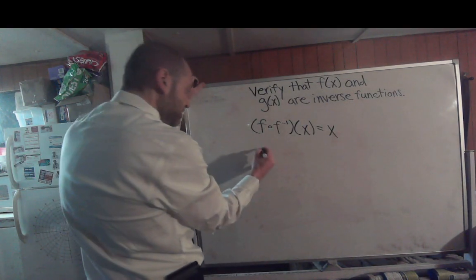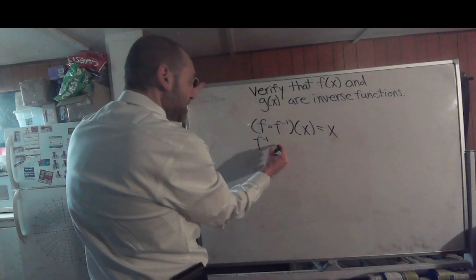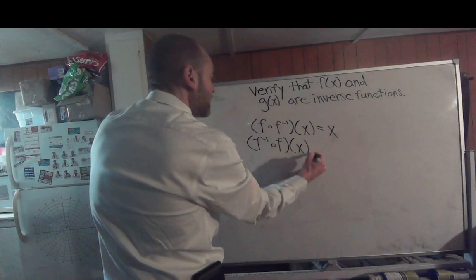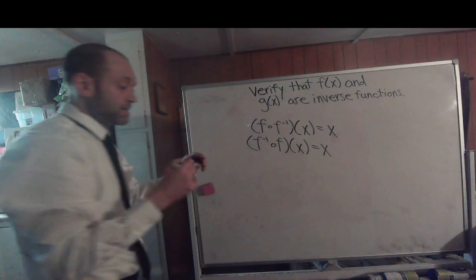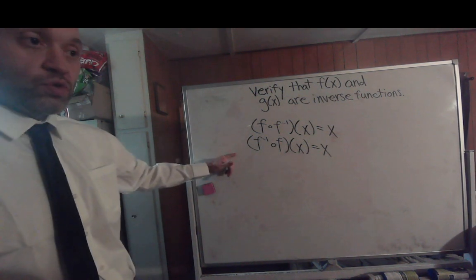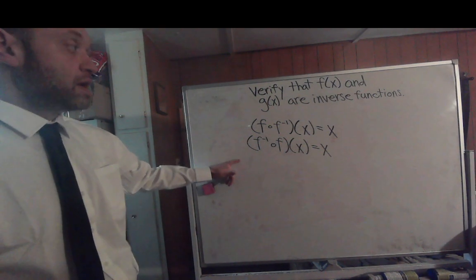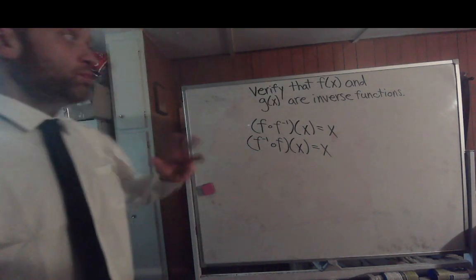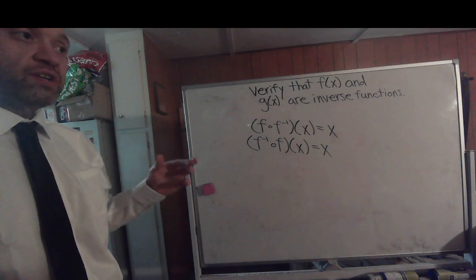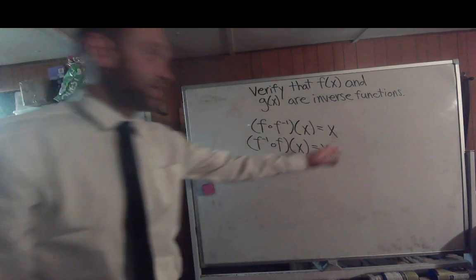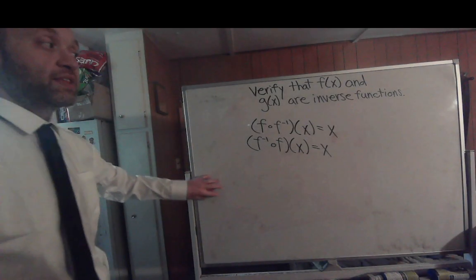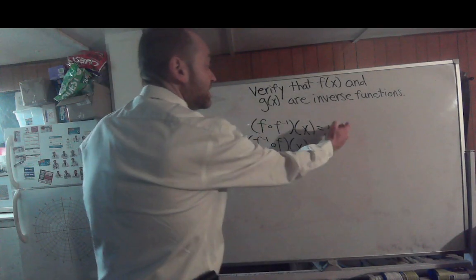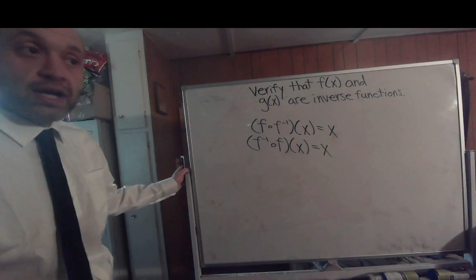Or if I took f inverse composition f of x, I should also just get x. This time the composition order does not matter. So when we do the composition of these functions, we should just get x to verify that they're inverse functions of each other. If you get anything other than x, they are not inverses.